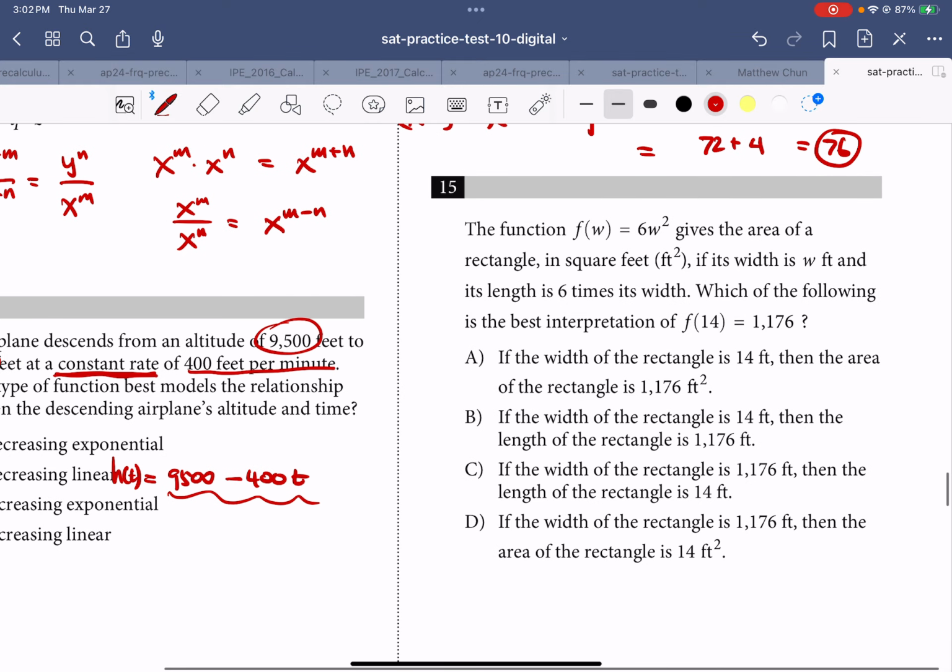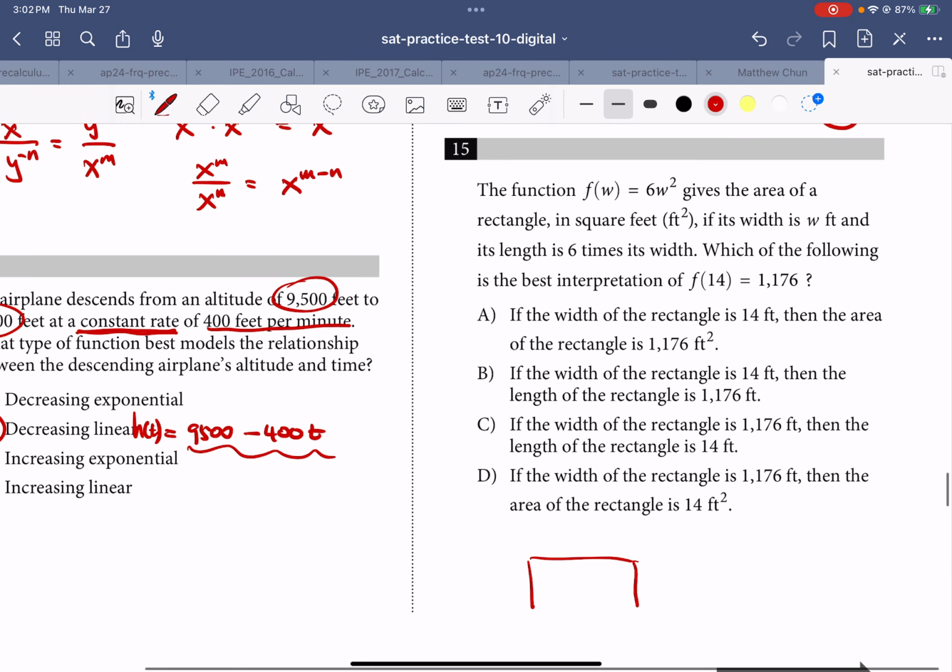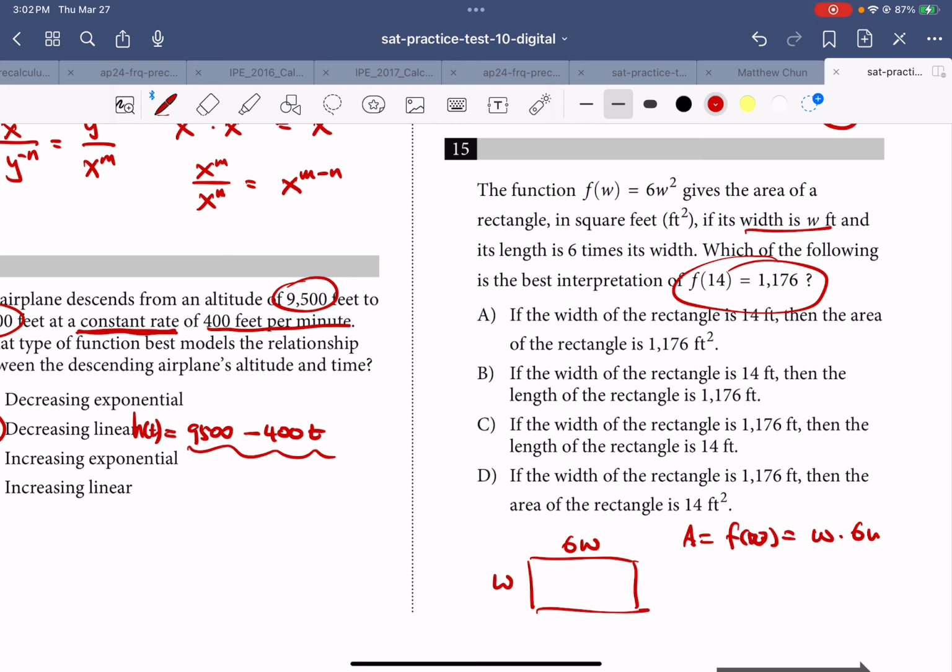Number 15, the function f of w equals 6w squared gives the area of the rectangle in square feet. Its width is w. Let me draw the diagram. It said the width is w feet here, and the length is 6 times w. Which of the following is the best interpretation of this? So we see that your area in terms of w, f of w, equals width times the length.